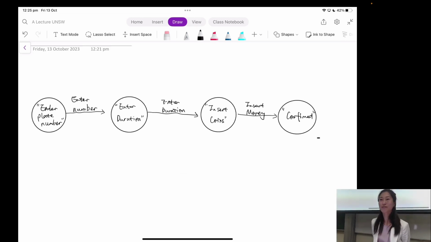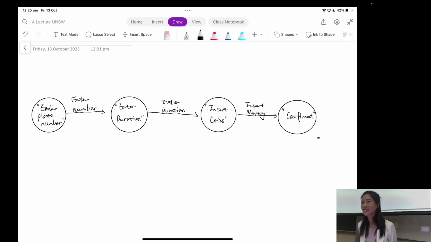Yep. Sorry? Insufficient money? Do you want to draw directly?